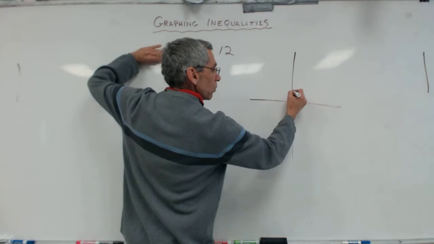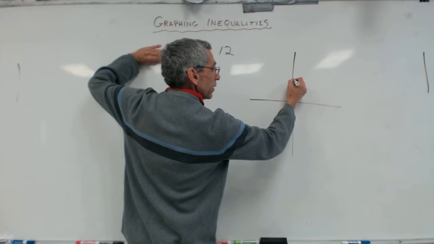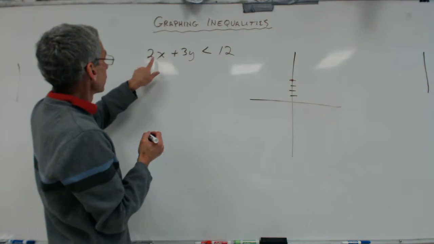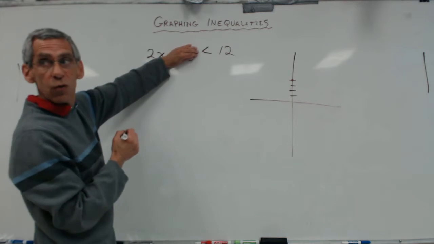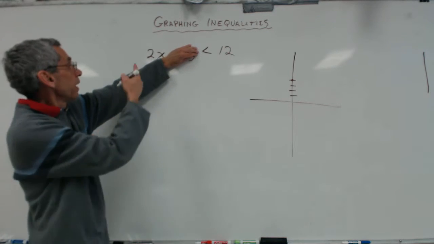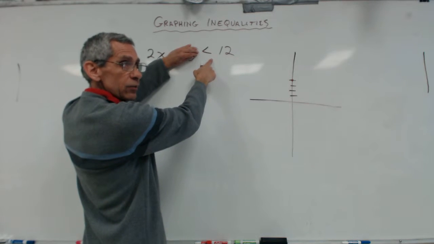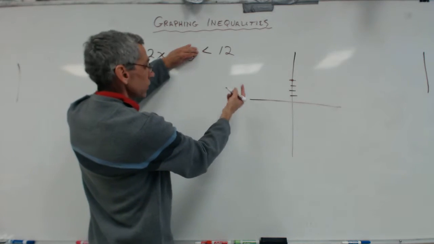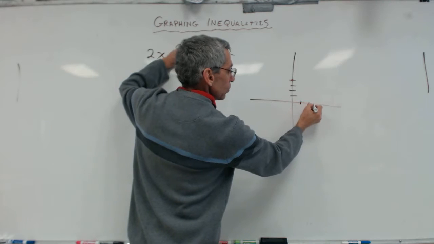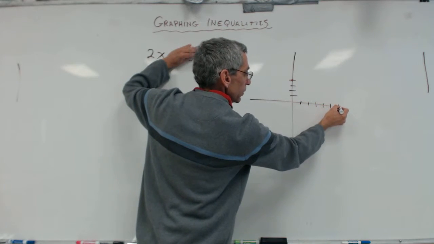So I go up to 4, 1, 2, 3, 4, and I put a dot. Then to find my x-intercept, I make y equal to 0. That gives me 2x equals 12. I'm changing that to an equals while I figure it out. X equals 6. So I go 1, 2, 3, 4, 5, 6, and I put a dot.